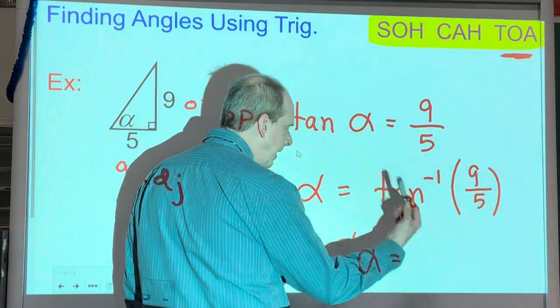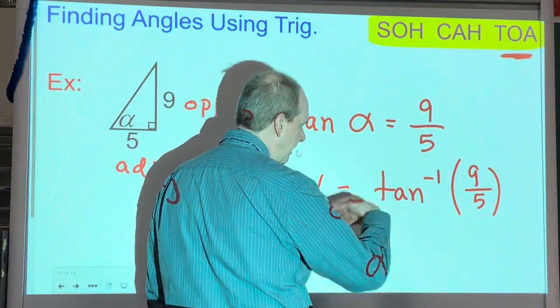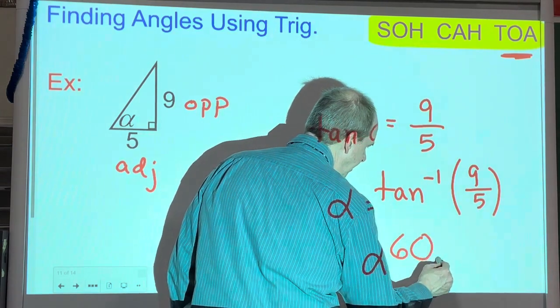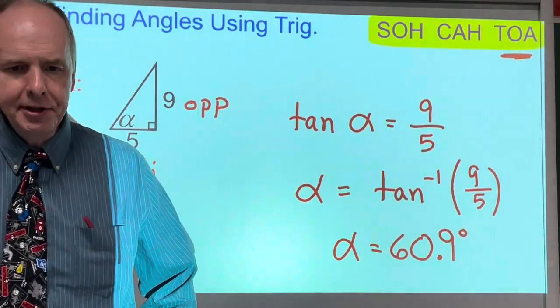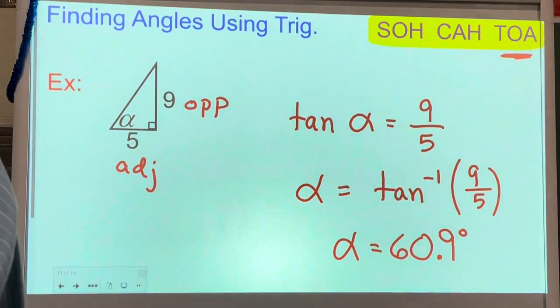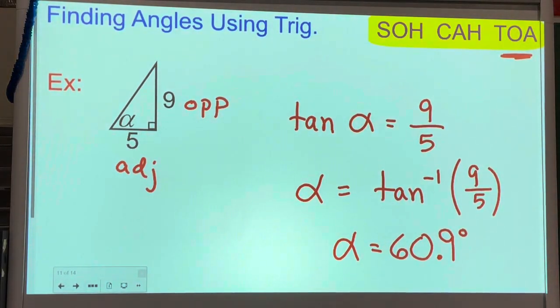If you're looking for an angle, you go second sine, second cosine, second tangent. And the little symbol for degrees is that little circle. 60.9 degrees.